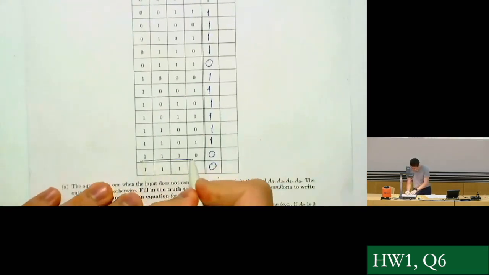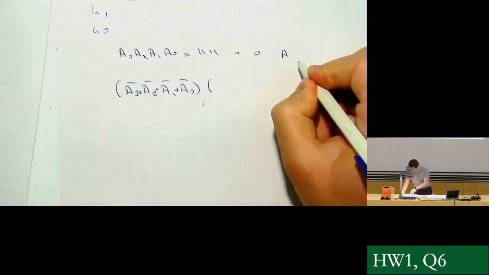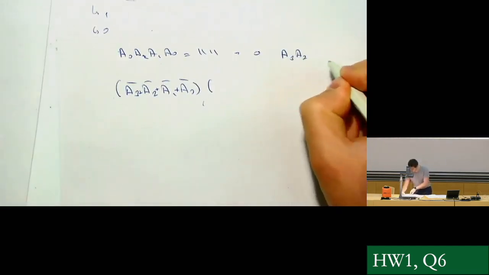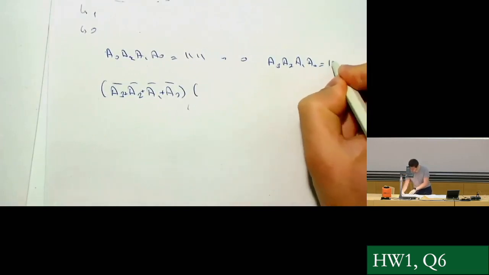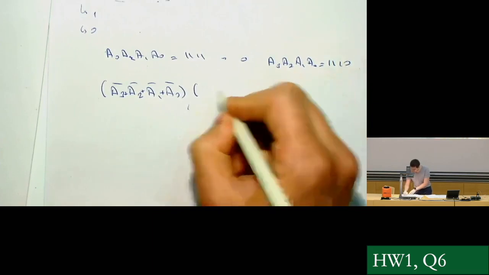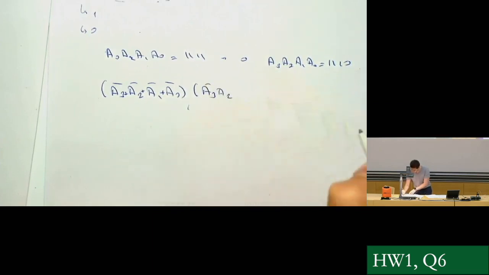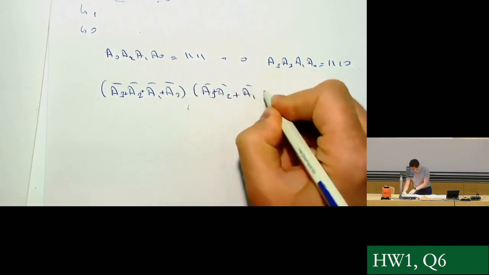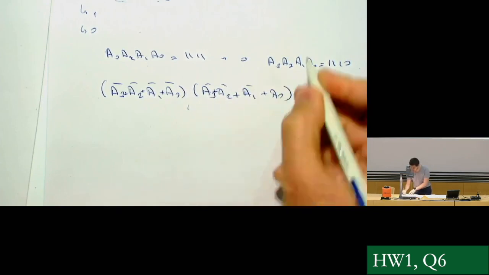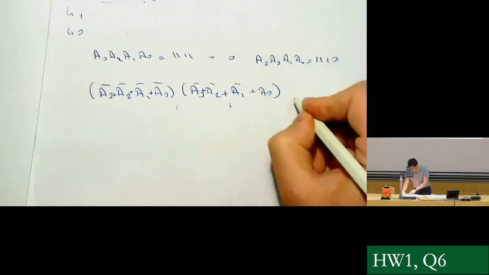Another term will be for the case where A3, A2, A1, and A0 is 1, 1, 1, 0. How can I write it as a term? It is basically A3 not, or A2 not, or A1 not, or A0. So if you put 1, 1, 1, 0 here, then this will become 0.